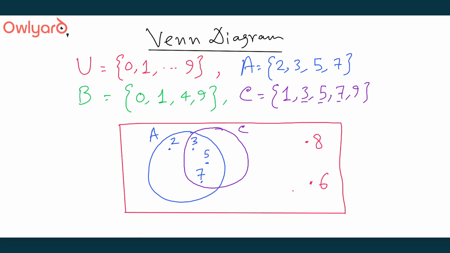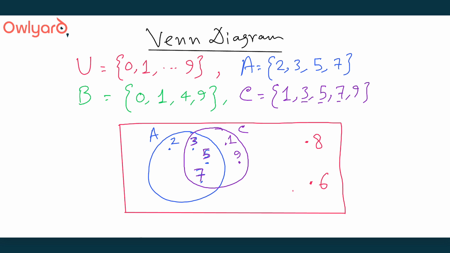And I made sure that 3, 5, and 7 are not only included in the blue set A, but also included in C, the way C is defined. But C also has some additional elements, for example, 1 and 9. So let's say this point is 1 and this point is 9. Great.